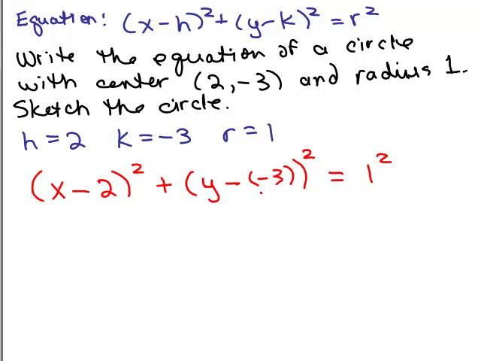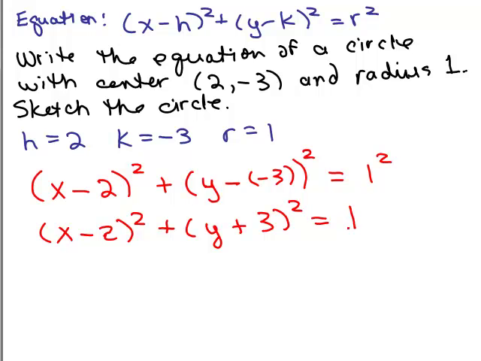So this isn't quite pretty. Let's just rewrite that as (x minus 2) squared plus (y plus 3) squared, because y minus negative 3 is the same as y plus 3. And then 1 squared is 1. So now we've written the equation of this circle.